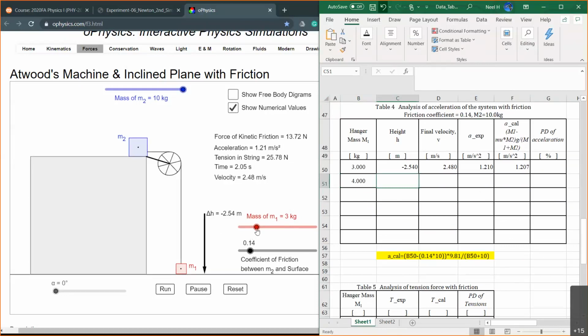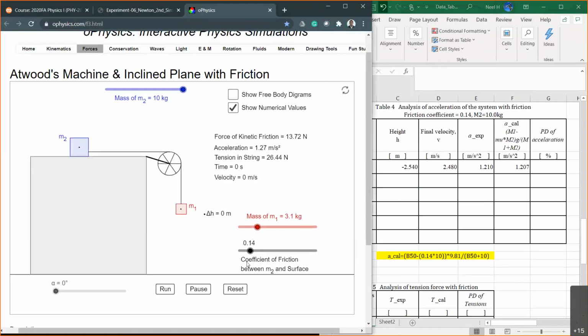All I have to do is change this into reset, and change this into the next value. Keep the friction the same, it doesn't change at all. 4 kilogram. Let it run and wait until it finishes, then you calculate the answer. Anybody have any problems, questions?